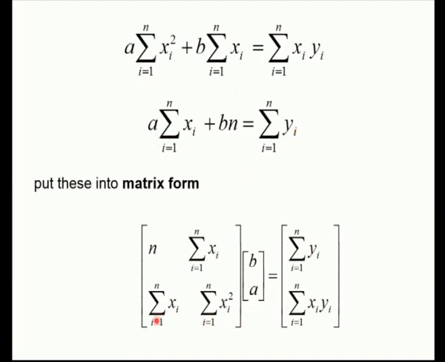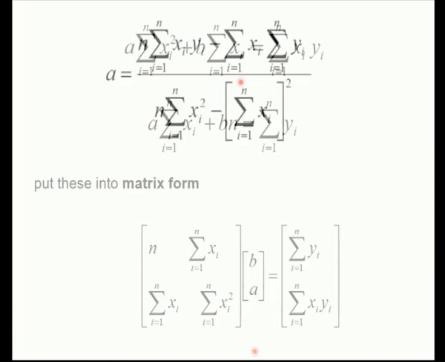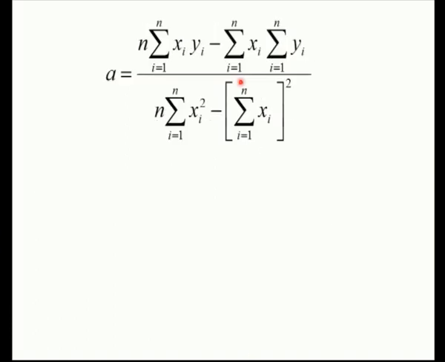Similarly, summation xi times b plus summation xi squared times a, that is equal to the right hand side. So, you can conveniently put it in the matrix form and use any matrix solving technique to compute a and b, and I am getting the formula: a can be calculated like this.